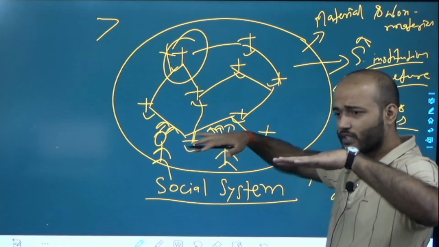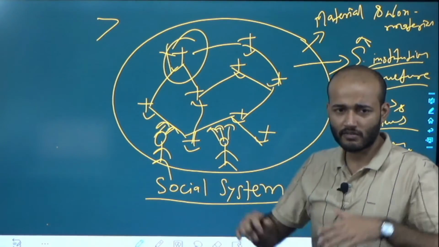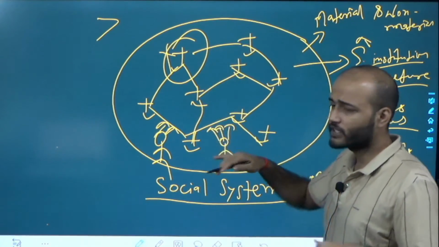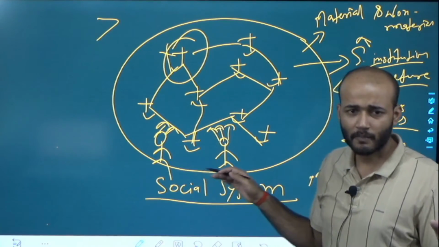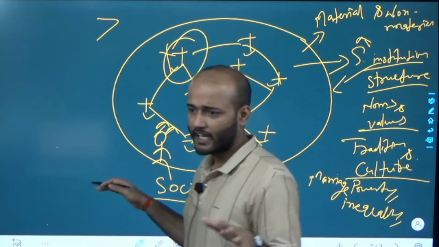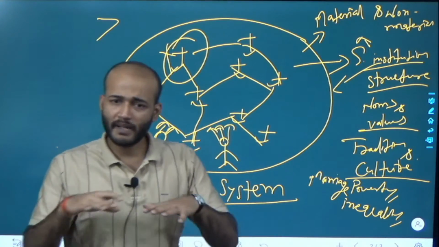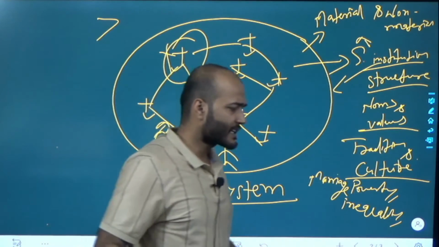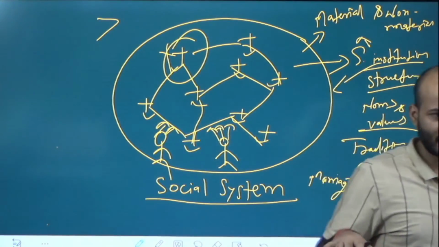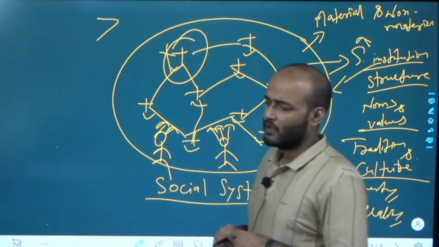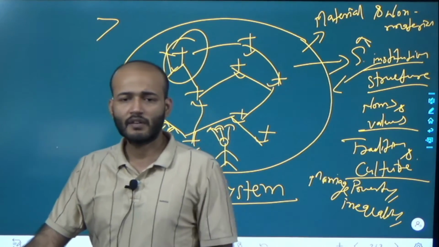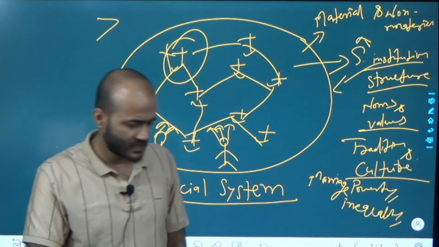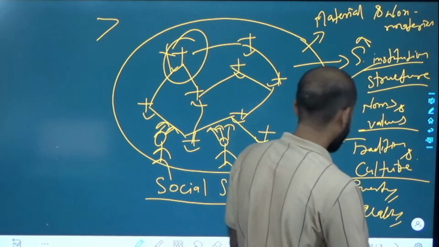When all parts of society do their own job and function as per their need, it maintains equilibrium in society. So he created certain equilibrium conditions. So write: equilibrium condition for any social system.